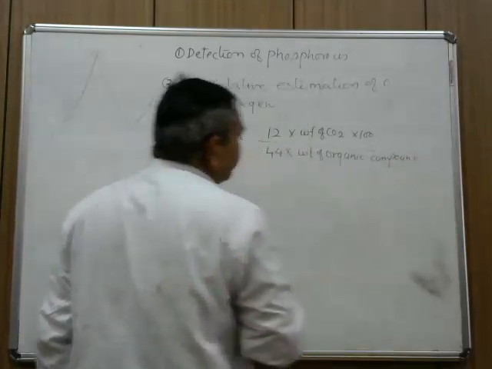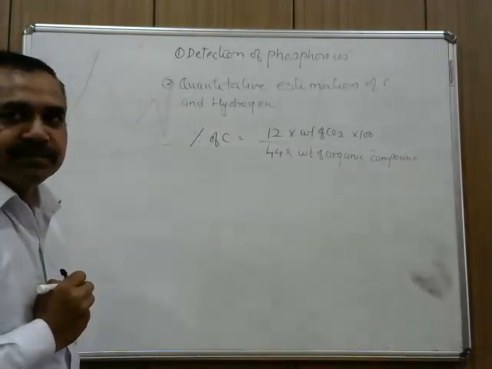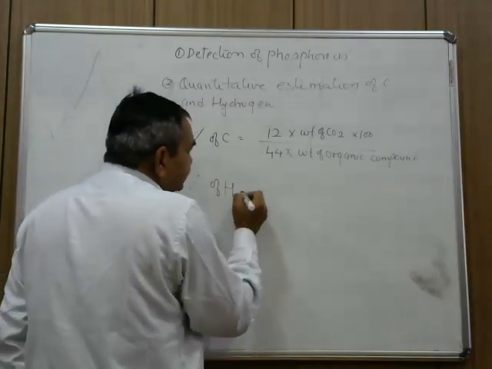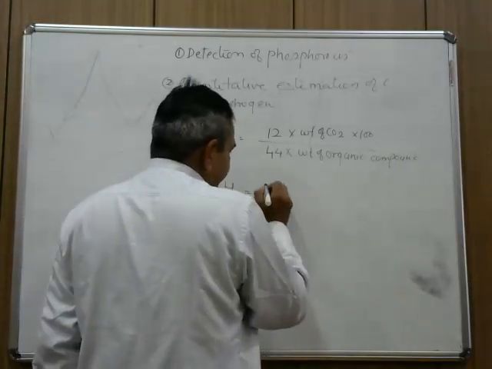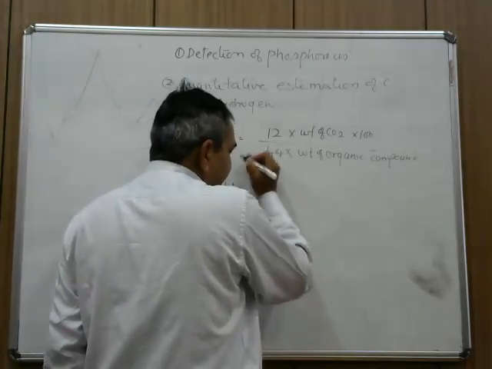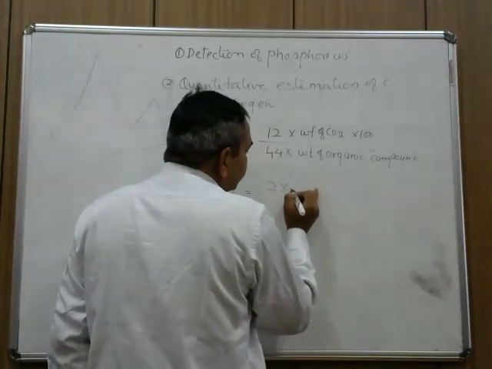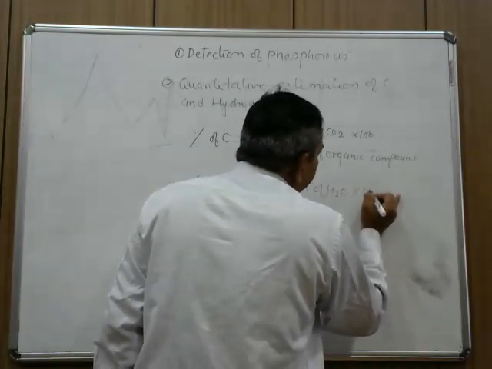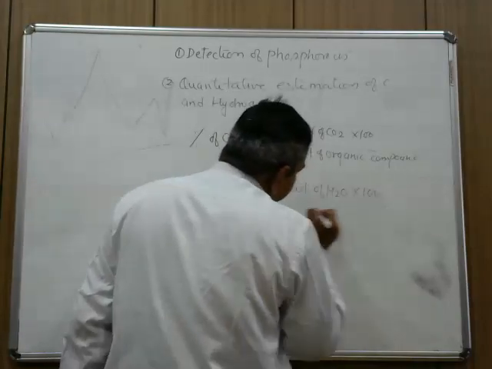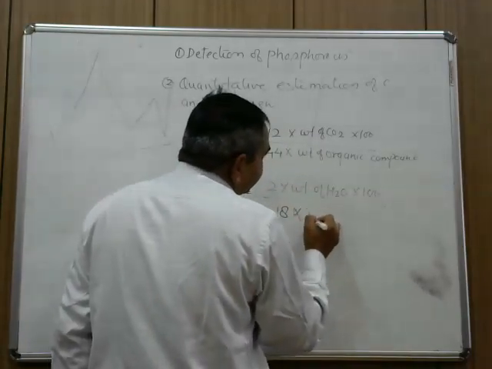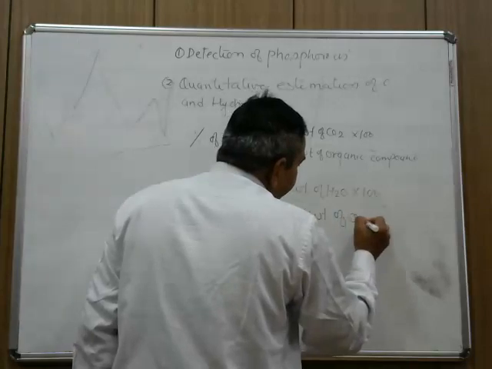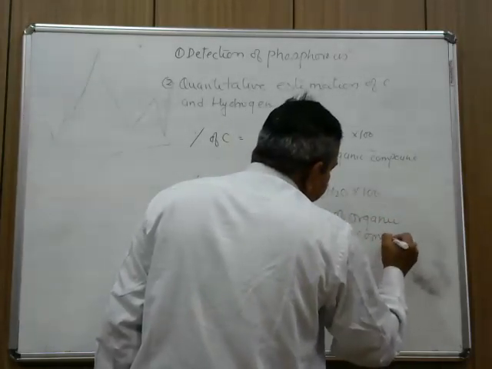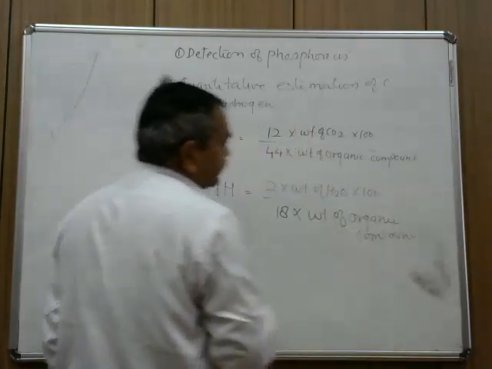In a similar way, percentage of hydrogen is determined by the formula 2 into weight of water formed into 100 divided by 18 into weight of organic compound taken.